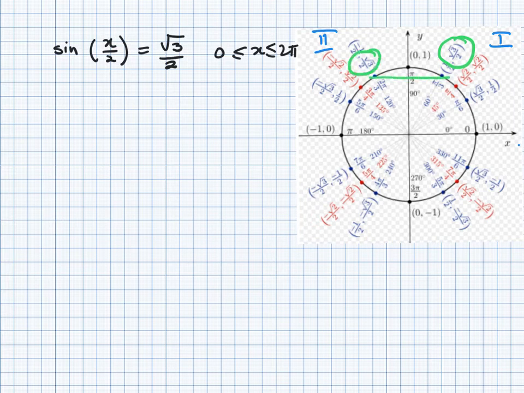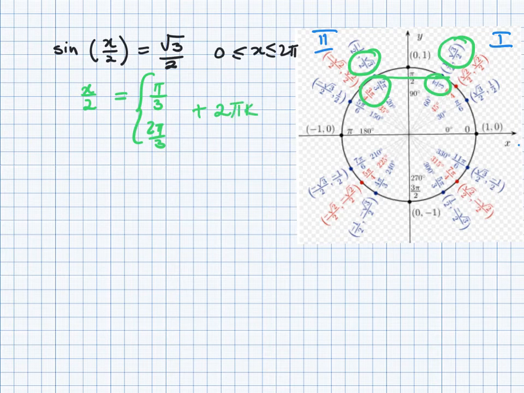So I have two values of square root of 3 divided by 2. And I can see that x over 2 is going to be equal to pi over 3, and another one here is 2 pi over 3, and then plus 2 pi k.